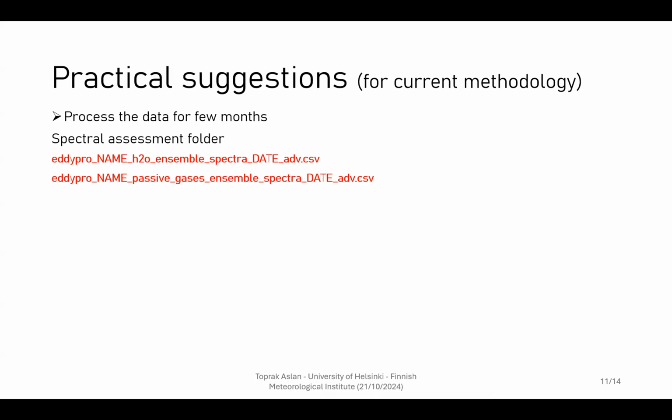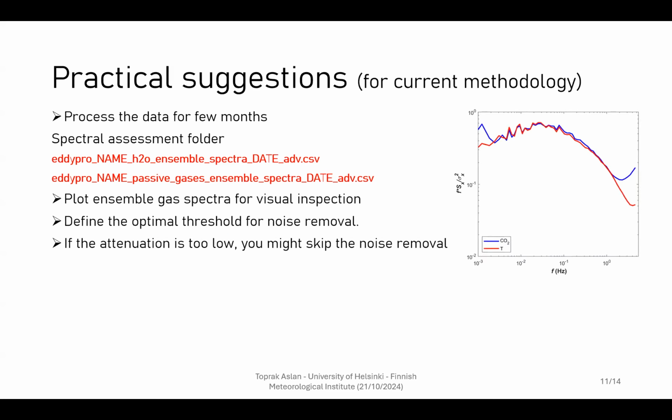There are 2 files, one for water vapor and one for non-reactive gases: CO2, methane, nitrous oxide, and so on. You can plot the ensemble spectra as you see and decide which threshold would be better. Again, of course, this is subjective, but still better than using the 1 Hertz default threshold.